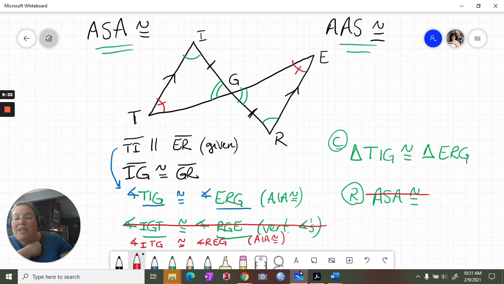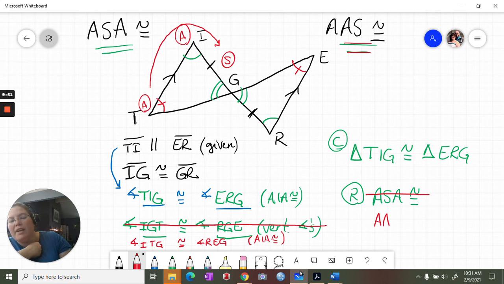And this is all going to boil down to our perspective. If we do this, that's a pair of angles, and then the side. So if I follow my path this way, that leads me to angle side angle.